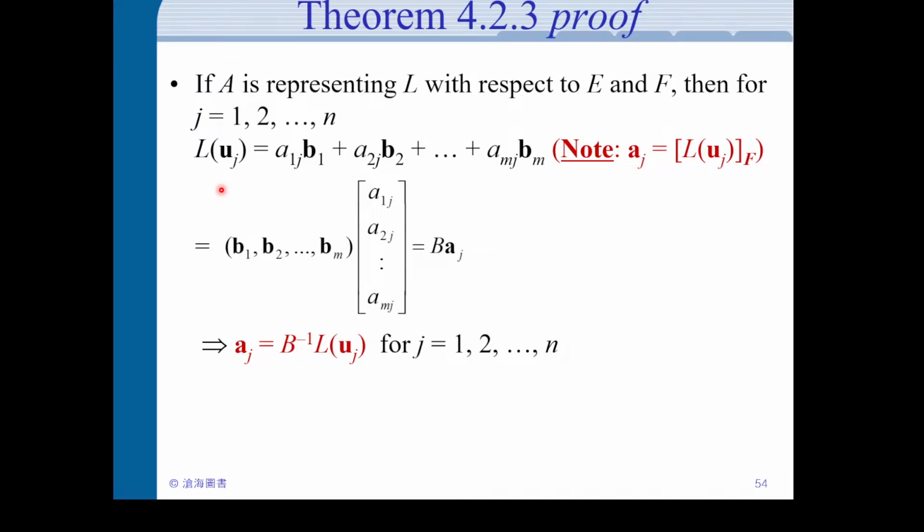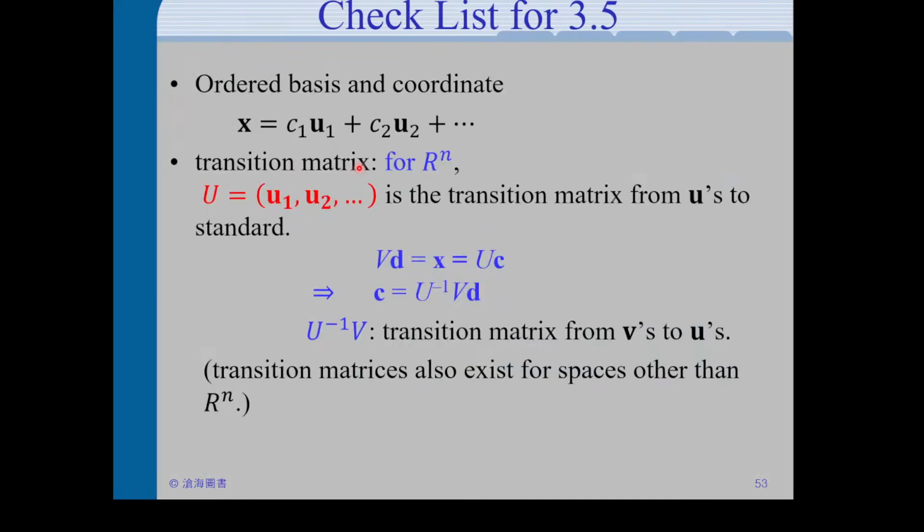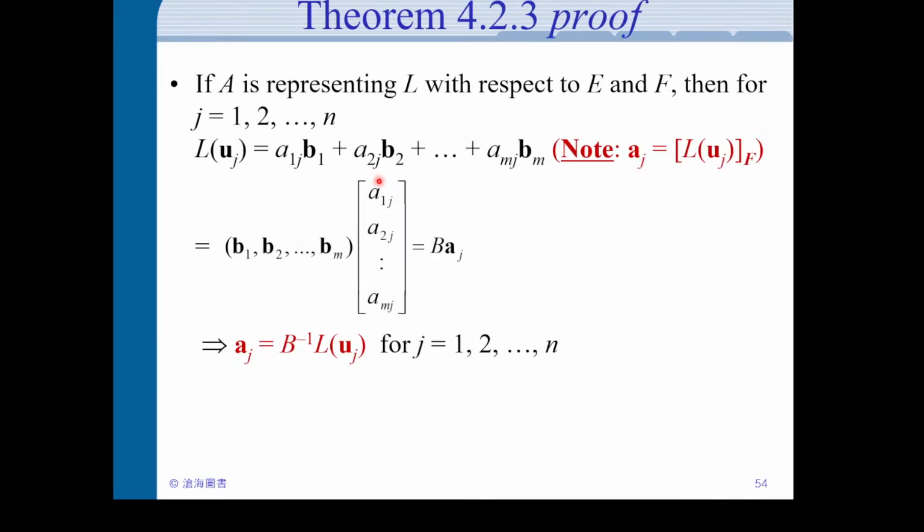Let's see, L of uj should equal this thing. It's writing down a lot of things in weird order, but anyway, L of uj equals this linear combination of bj, and we rearrange it and see that it is this B matrix multiplied by this vector aj.